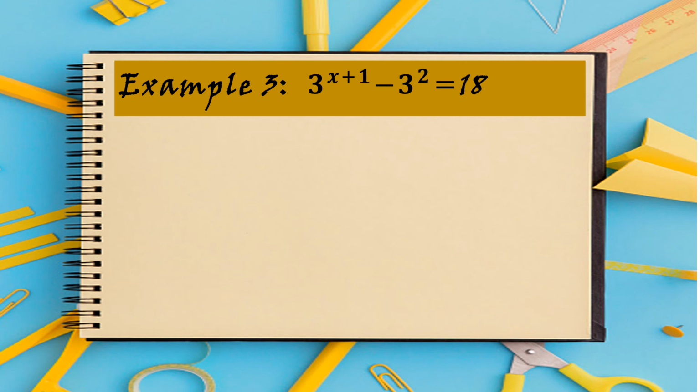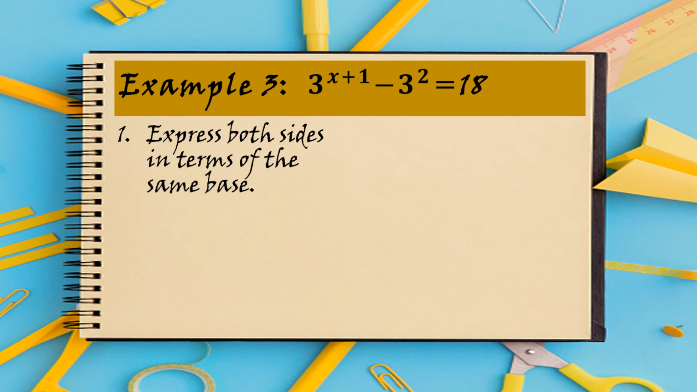Let us have example number 3. 3 raised to x plus 1 minus 3 squared equals 18. First step is to express both sides in terms of the same base. In this case, you can actually manipulate terms in any side of the equation. So since 3 squared is equivalent to 9, you have 3 raised to x plus 1 minus 9 equals 18.